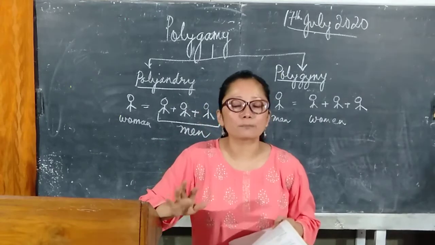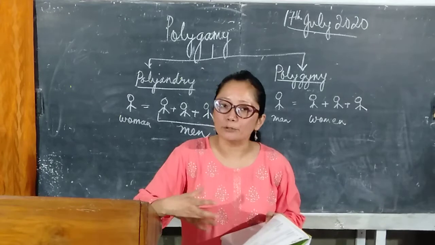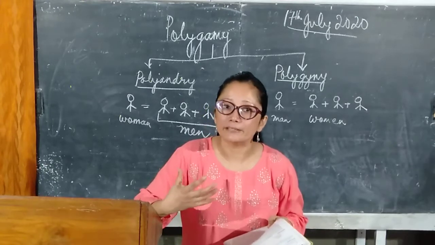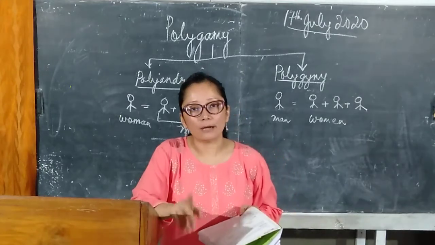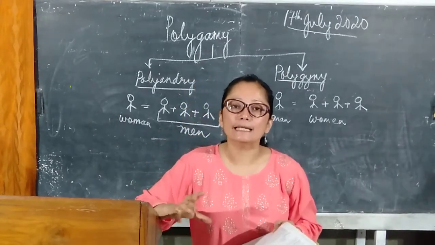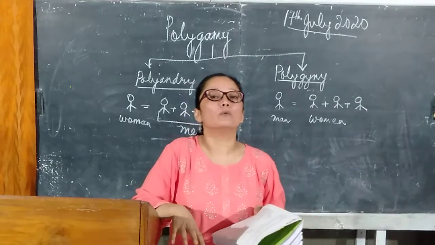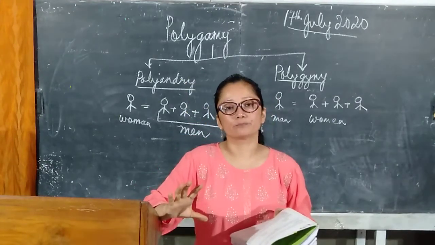You could have multiple wives, who could be beautiful, or very talented as well, but the first wife was considered to be the legal wife, and she had more power over the others.